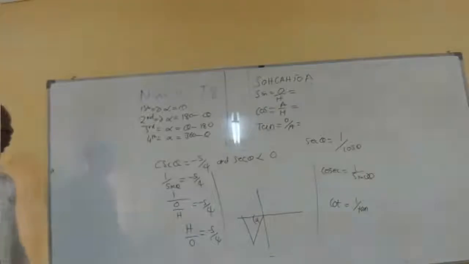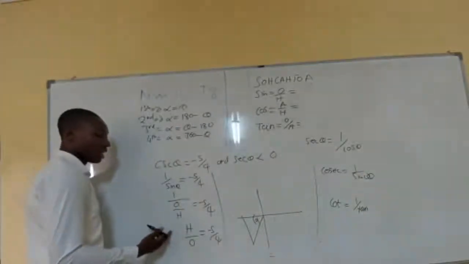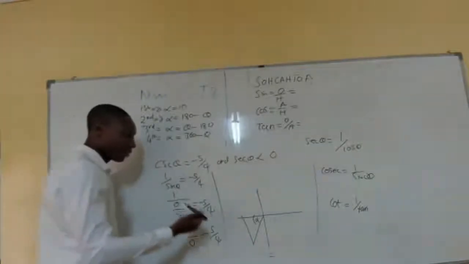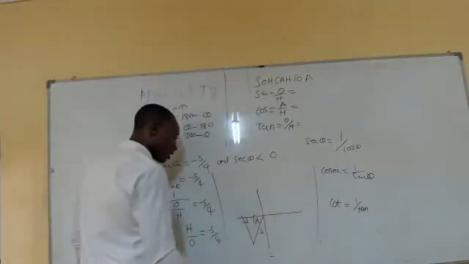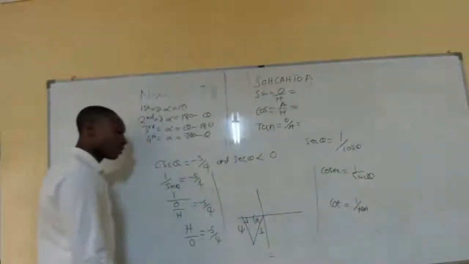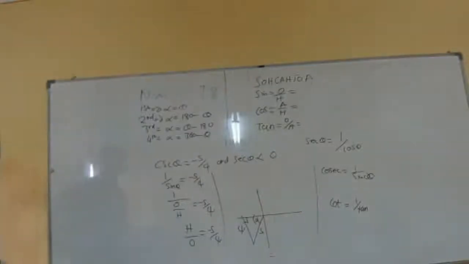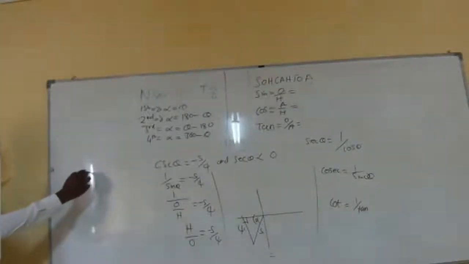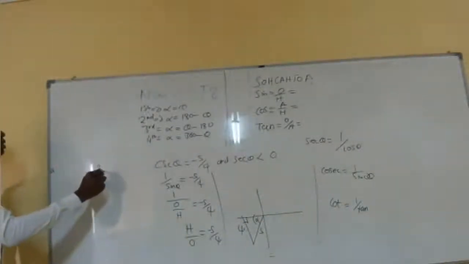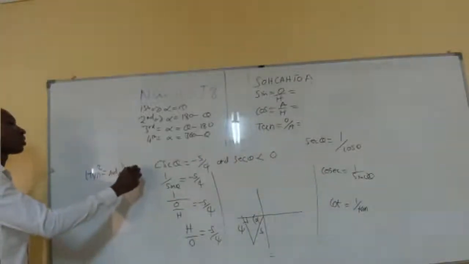In this third quadrant, the hypotenuse is 5 and the opposite is 4. So what is the adjacent? We need to calculate the adjacent side. Hypotenuse squared is equal to adjacent squared plus opposite squared.